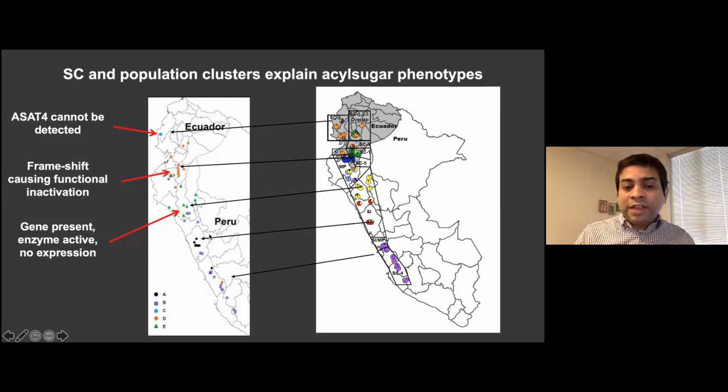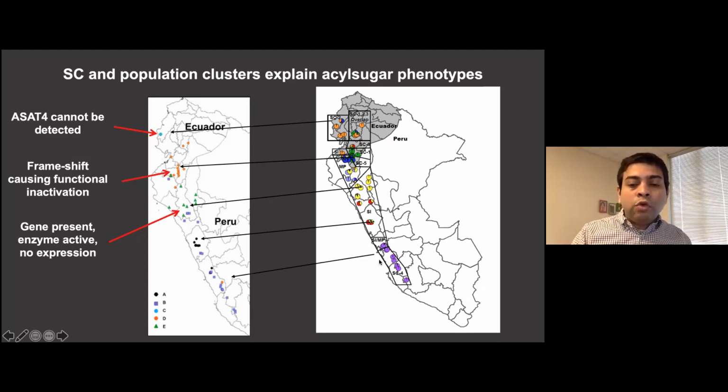This is cluster 7, the highly differentiated group that we saw. It also has a unique chemotype in acylsugar profiles. And this stands out as a very different population from the rest of the Solanum habrochaites populations at the genetic level using RAD-seq data.